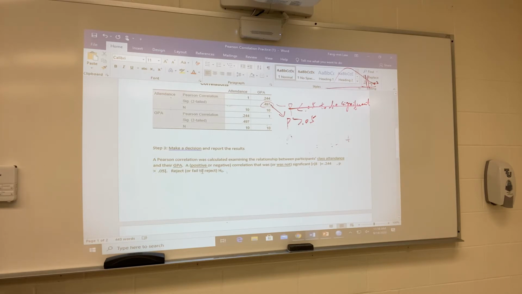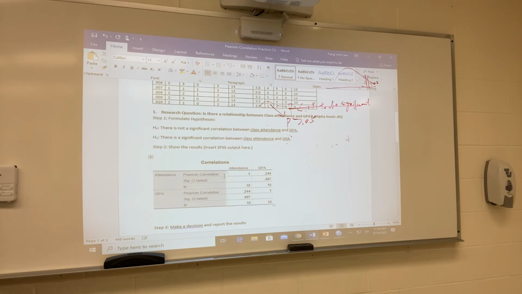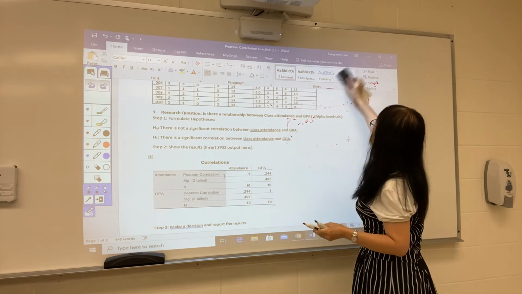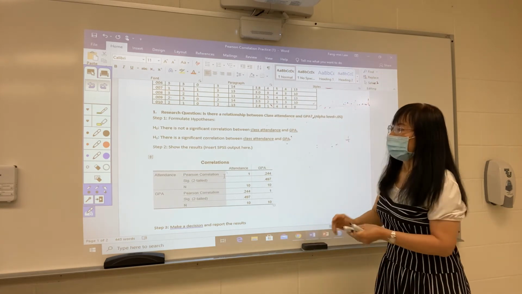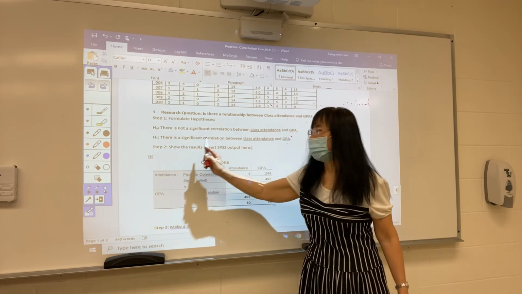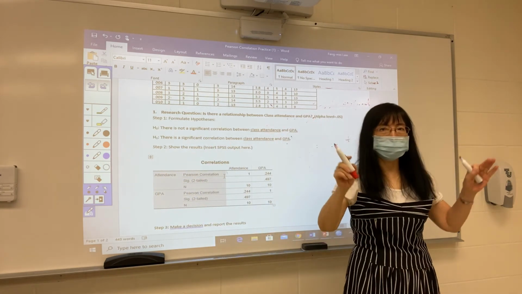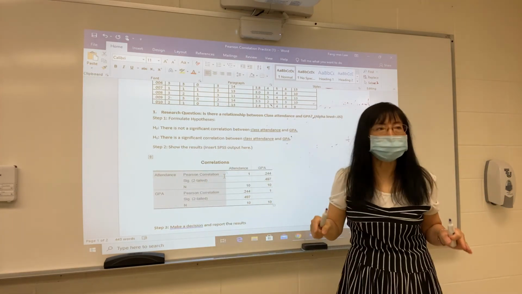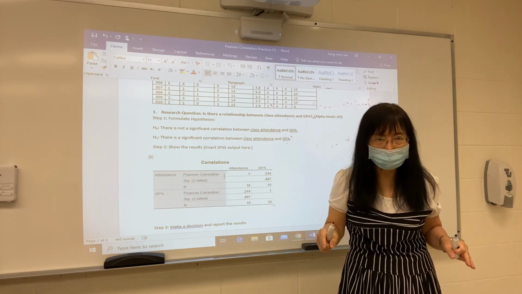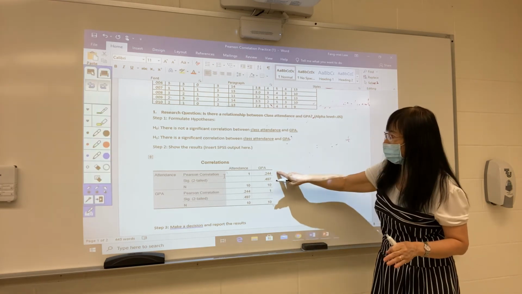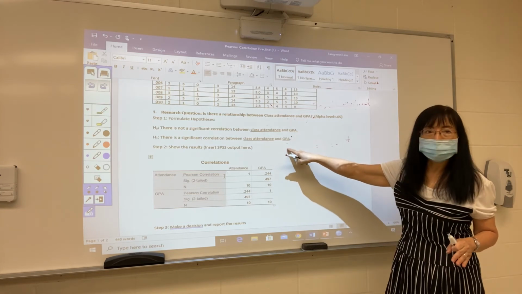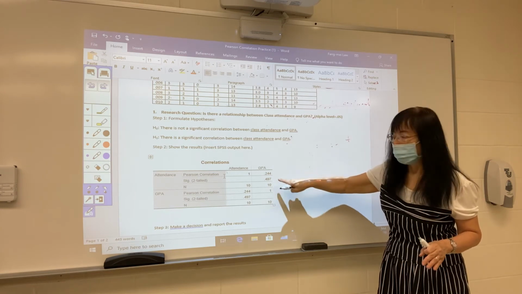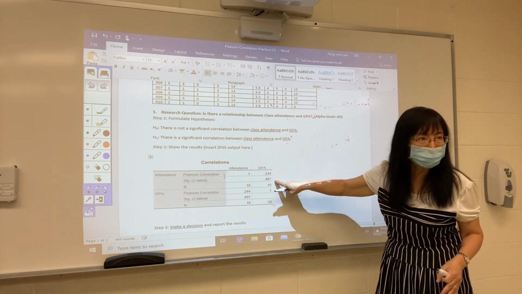Now, if you go back to your hypothesis, we say the null hypothesis is there is no significant correlation, and the research hypothesis is yes, there is. Right now, according to this, we got an R of 0.244, and our P is greater than 0.05.